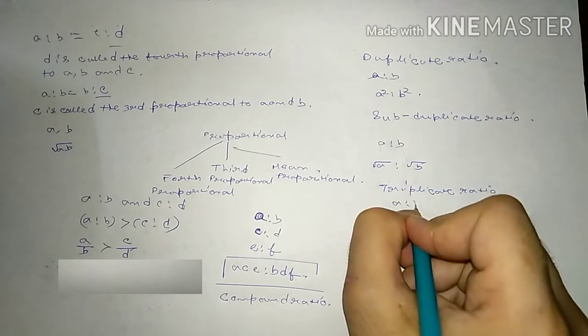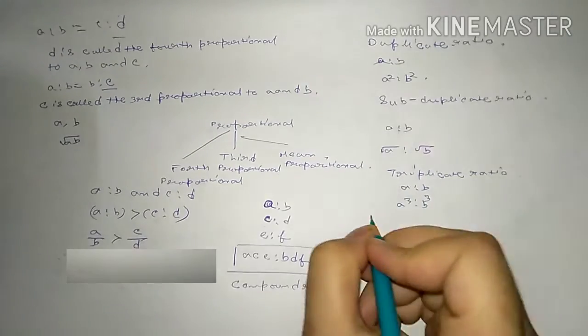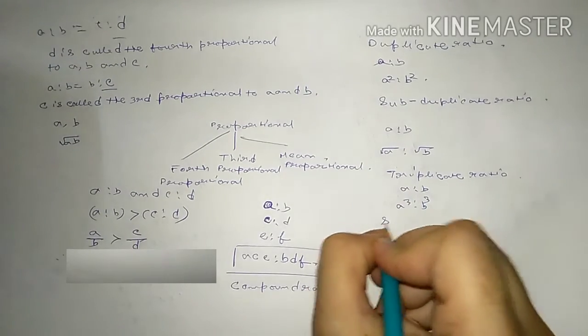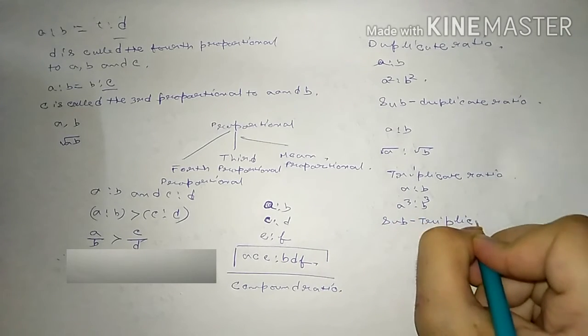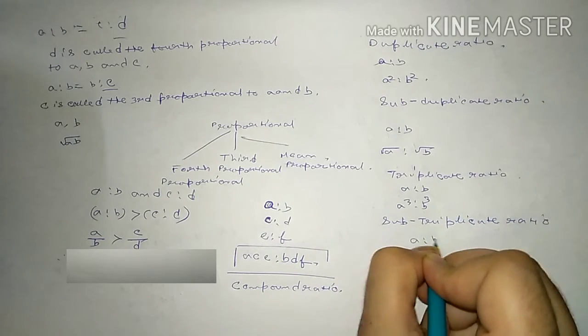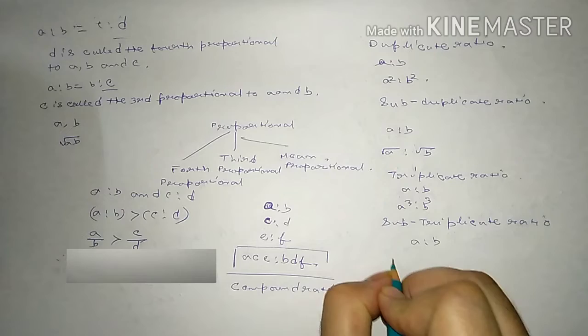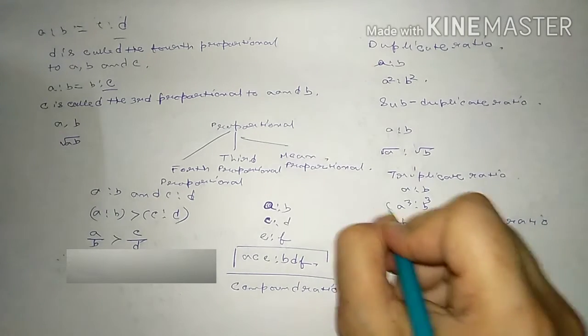The triplicate ratio of A is to B equals A cube is to B cube. Then subtriplicate ratio. The subtriplicate ratio of A is to B equals A to the power 1 by 3 is to B to the power 1 by 3.